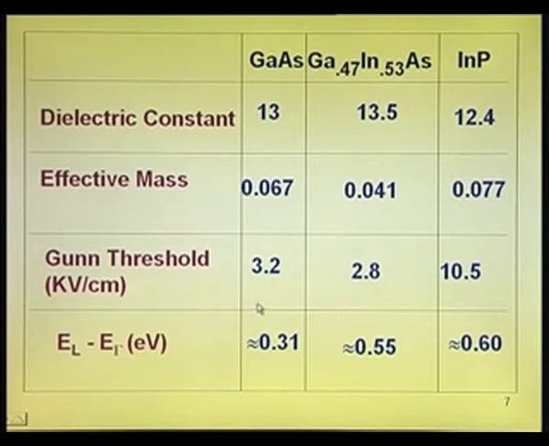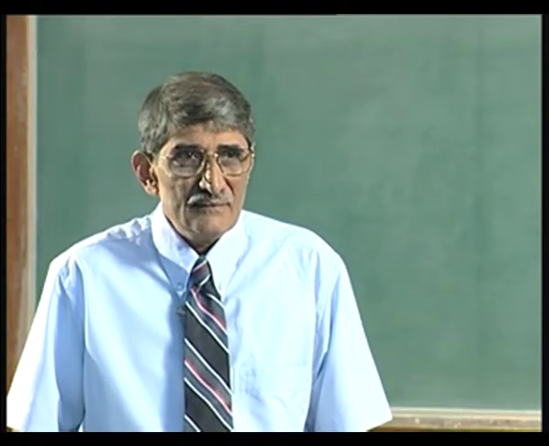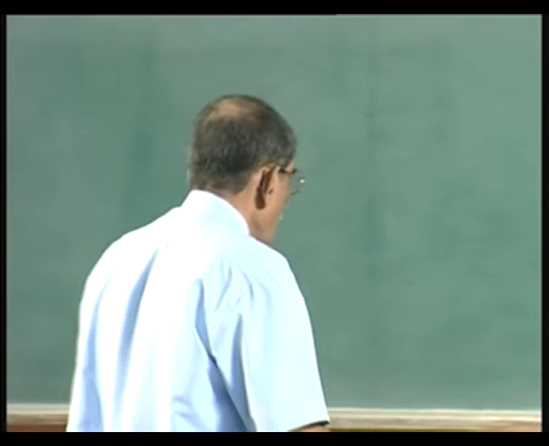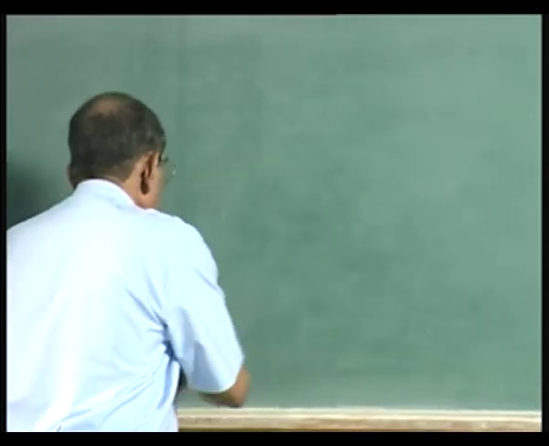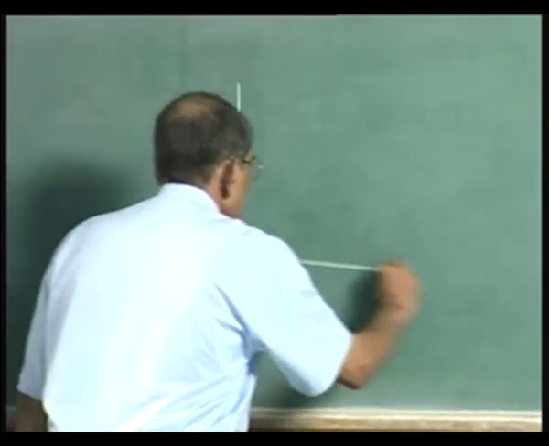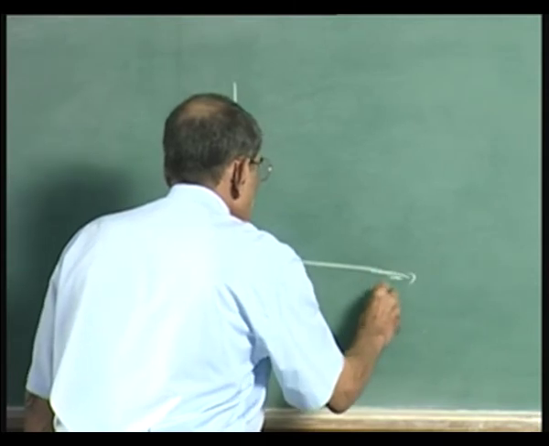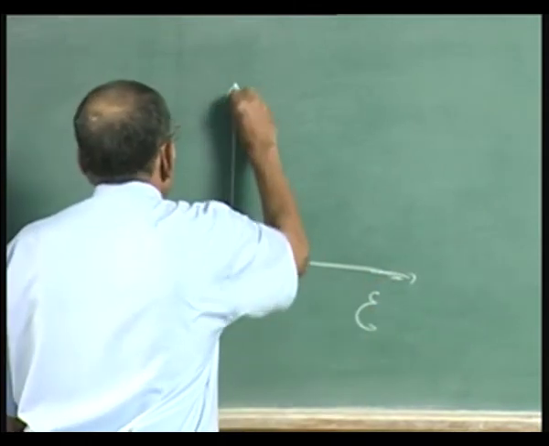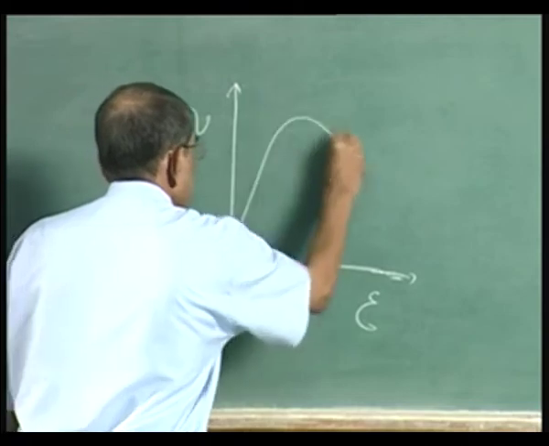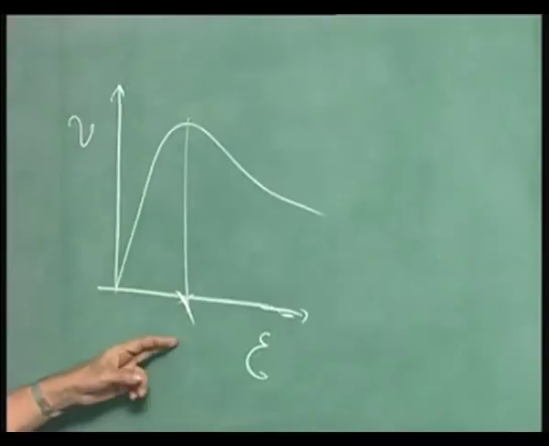Gunn threshold actually is the voltage or the field at which you have the transfer from the central valley to the upper valley. That is, if you have a velocity like that, that is the Gunn threshold.